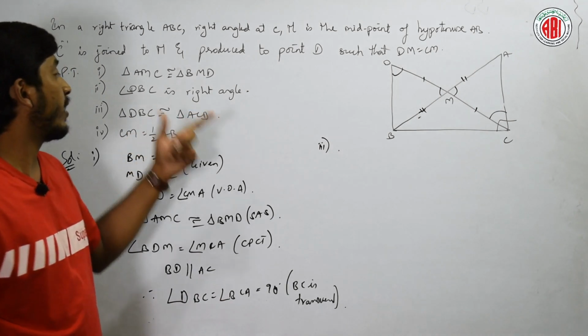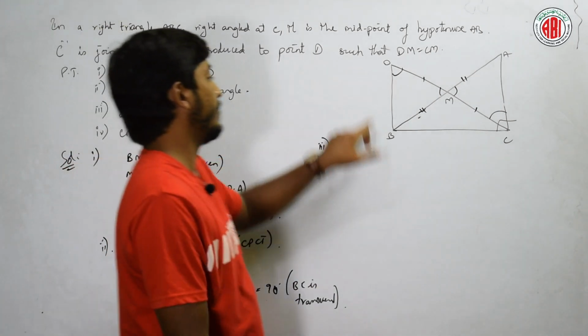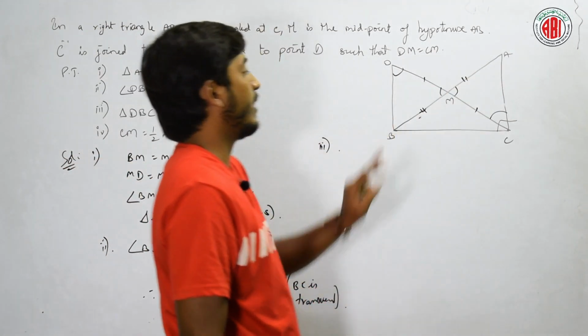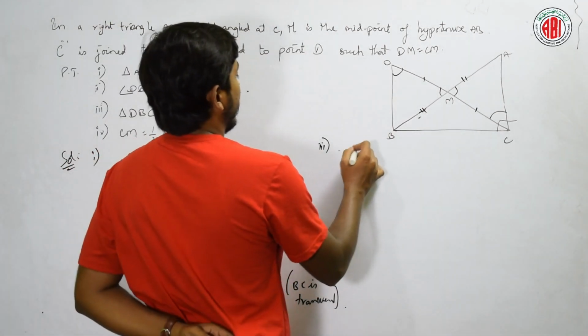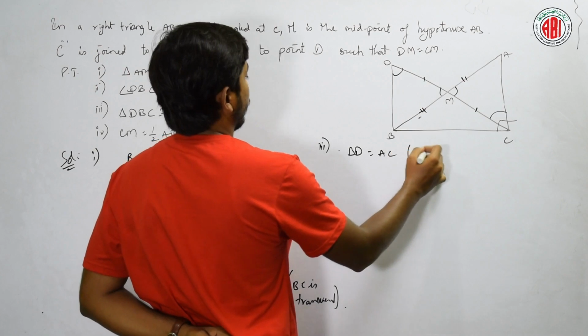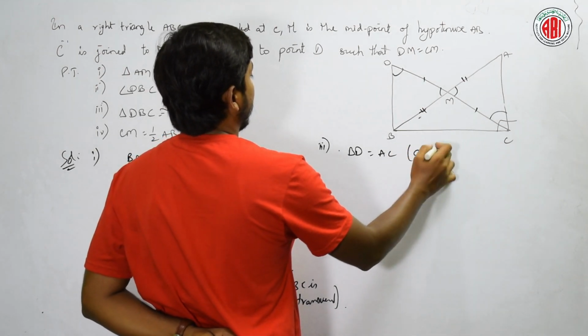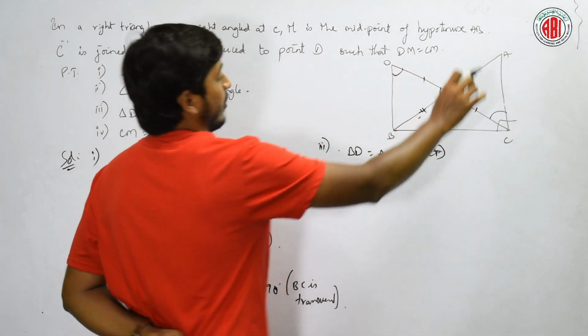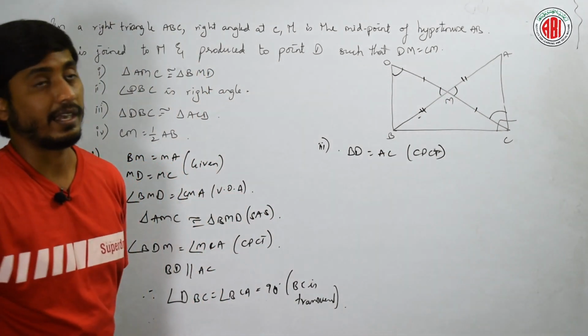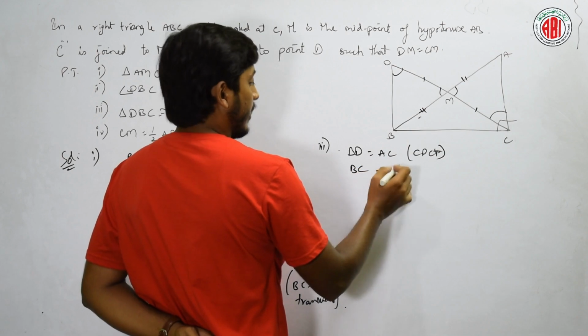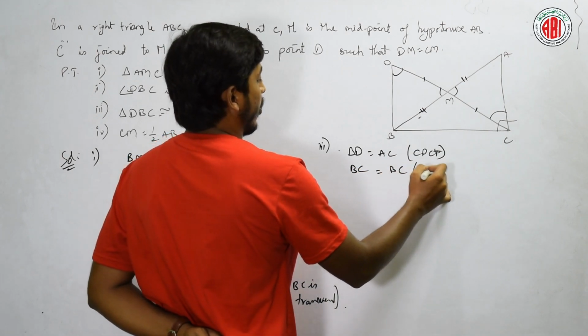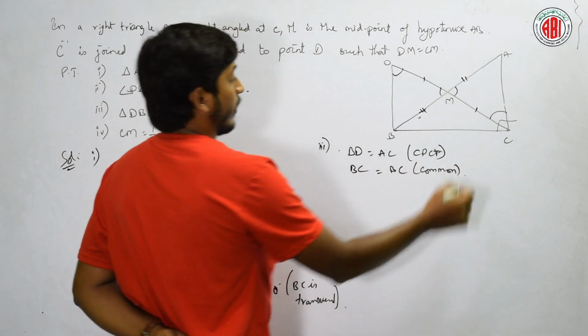Next, third, what did he ask? Triangle DBC is congruent to triangle ACB, it seems. DBC, ACB. Okay. By CPCT, BD is equal to AC. Why? Tell me. This triangle is congruent to that triangle, and the next, BC is equal to BC, which is common, right?